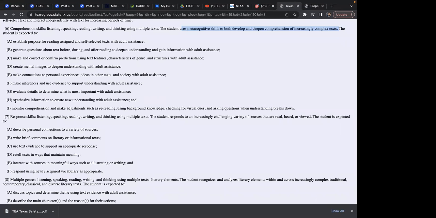Are they lacking the ability to make and correct or confirm predictions using text features, characteristics of a genre, or structures with adult assistance? If they are, then we need to help them make and correct or confirm predictions so they can say, "Oh, I know what's going to happen. This is because of this, because look at the cause and effect words."